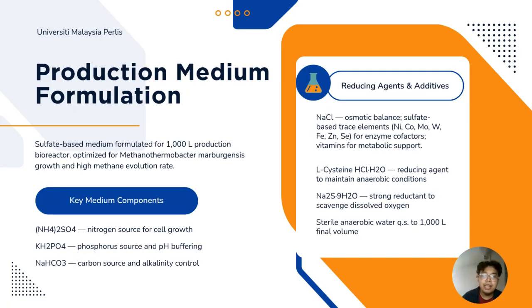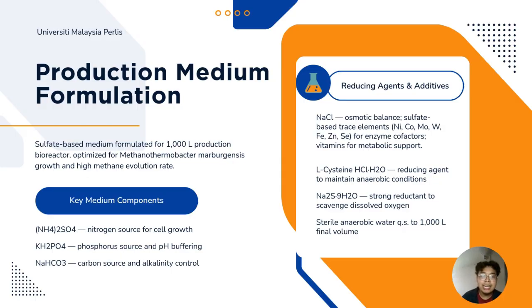Okay, as for the main production process, we scale up with this optimized sulfate-based medium. The key components are similar to the seed culture, but you'll notice we made a critical choice by using sulfate-based salts instead of chlorides. We have ammonium sulfate as nitrogen source, potassium phosphate for buffering, and sodium bicarbonate for carbon and alkalinity.